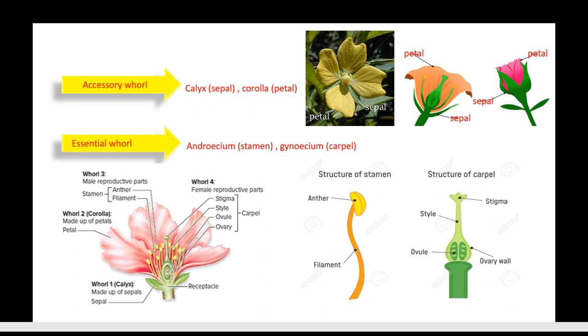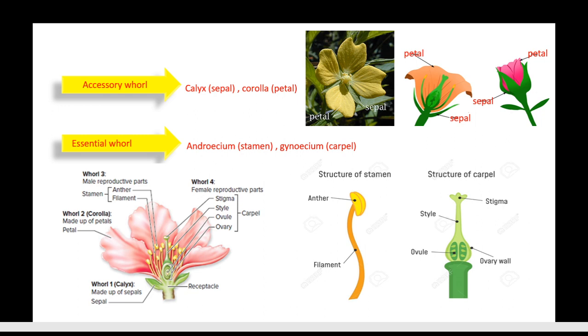This is the third whorl of floral leaves, and it is the male reproductive organ of the flower. Each modified floral leaf is called a microsporophyll or stamen. In botany, stamen is also called microsporophyll. Structurally, the stamen has three parts as shown in the figure.